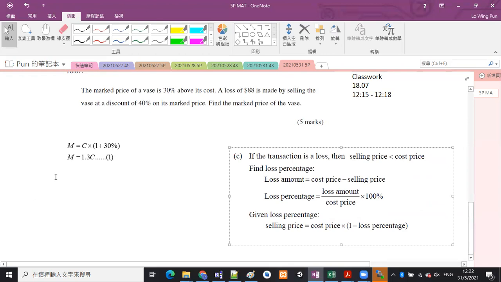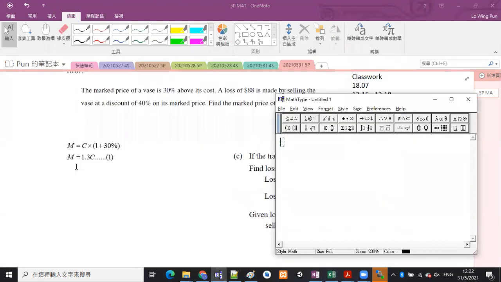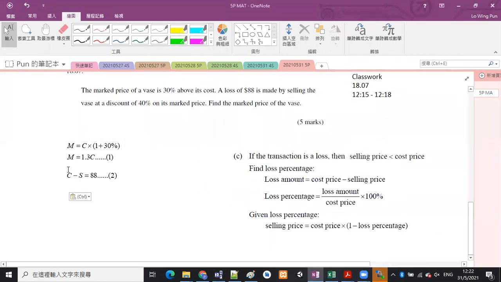In this case, we have C minus S is equal to 88, and call this equation 2. Can you get this? Because the loss is calculated by finding the difference between cost and selling price. Because the cost should be the smaller one. C minus S.